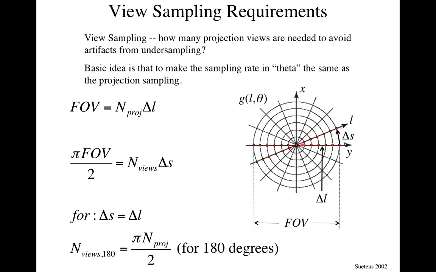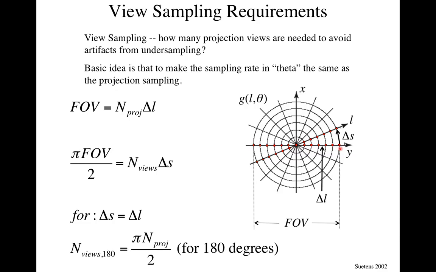Right? Along this direction, I know precisely what my sampling rate is. The sampling period is delta L, the sampling rate is 1 over delta L. And then when I add theta and go this way, I can calculate what my sampling distance is at the extreme part of my sampling grid.